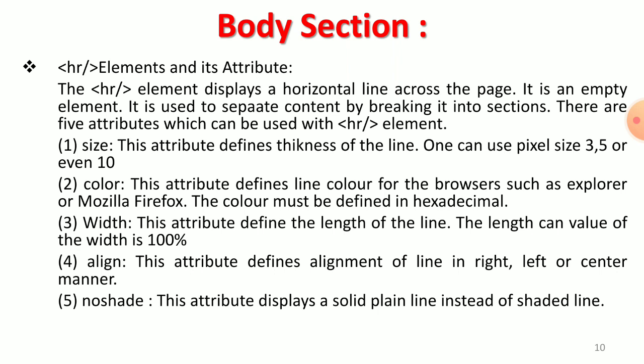A pair tag means a starting and ending tag, and the hr tag is an empty tag because there is no ending tag. It is used to separate content by breaking it into sections, and there are 5 attributes which can be used with hr elements. First is size, second color, third width, fourth align, and fifth noshade. Yes, one by one I will display.